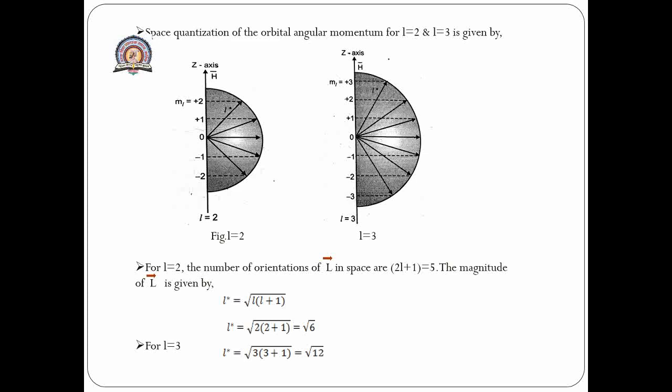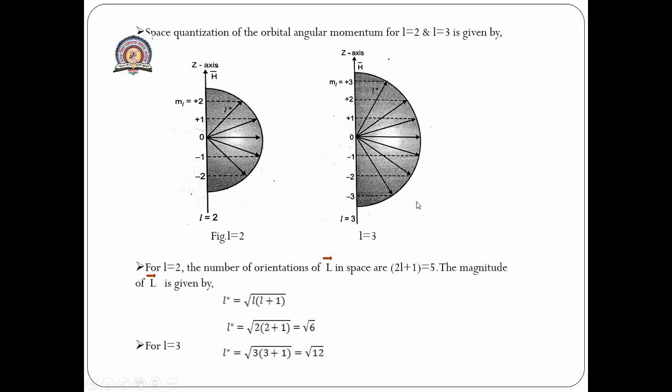This means the number of orientations of L bar in space for L equal to 2 electrons is 2L plus 1, equal to 5. Here 1, 2, 3, 4 and 5, so the number of orientations is 5 for L equal to 2 electrons. Then for L equal to 3, the number of orientations will be 7.